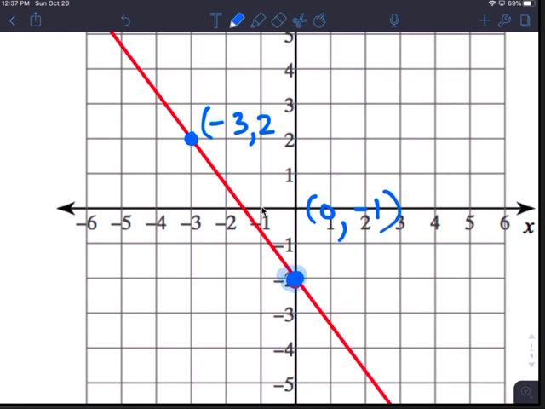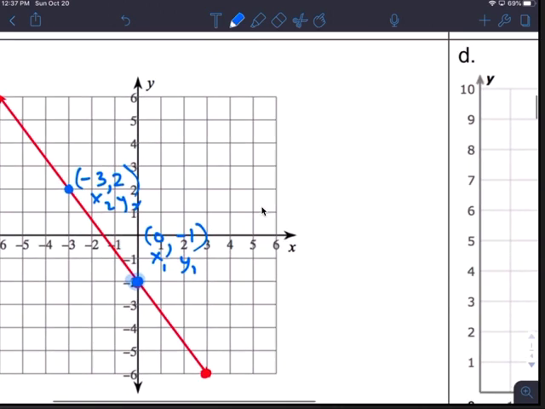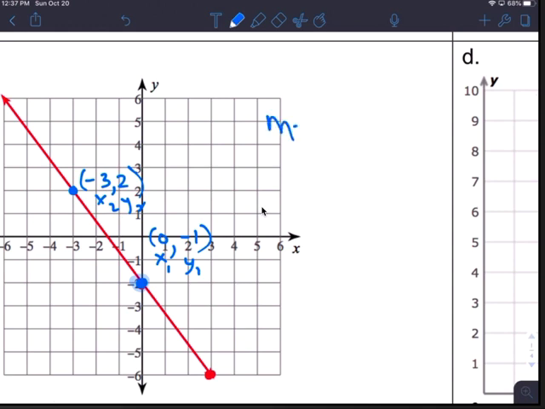So I label it x sub 1, y sub 1, x sub 2, y sub 2. Then use my formula, my ratio, rate, and slope formula, y sub 2 minus y sub 1 over x sub 2 minus x sub 1.